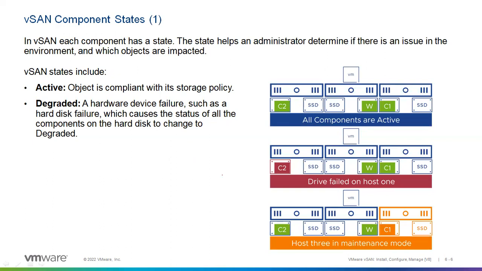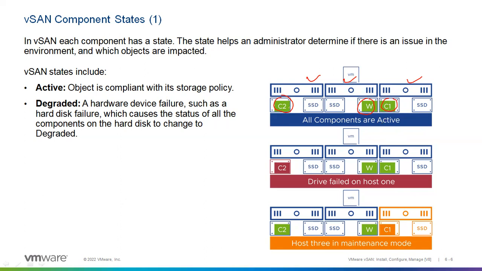End of the day, whatever policy is defined, according to that policy my components and my witness will be placed. Like in this example, we can see there are 3 hosts. Out of 3 hosts, one of the components C1 is here, one of the components C2 is here, and this one is working as a witness host. So as per the different sets of policies and different scenarios of failover, it will maintain the failover.